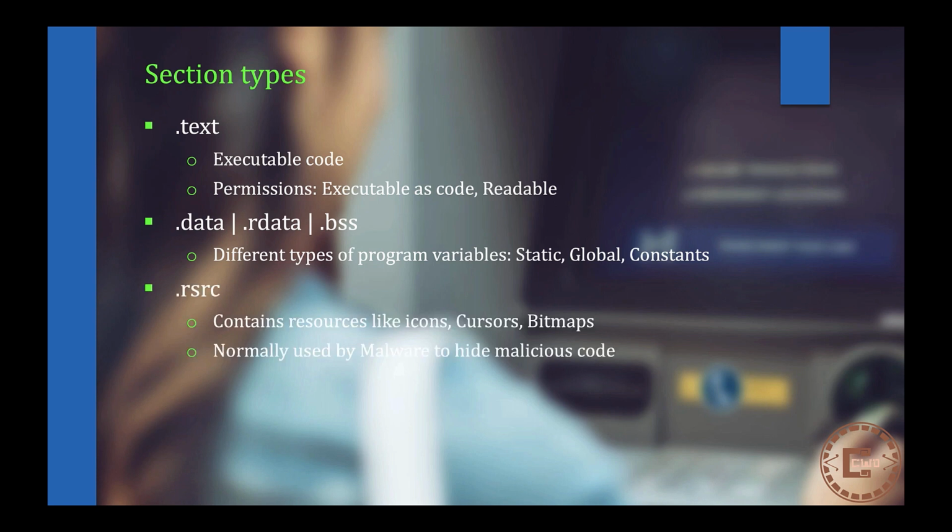The RSRC section is for resources, icons, cursors, bitmaps, and as I said before, this section is normally also used to hide malicious code by attackers. The eData is the export directory section, mainly for DLLs, but it's pretty much it. And the import address table is for the eData section.